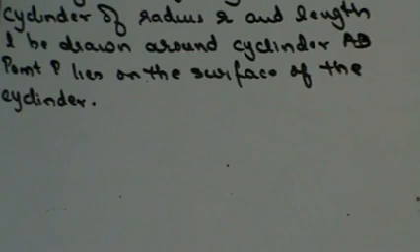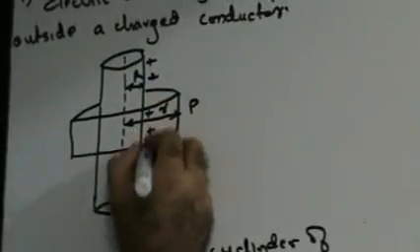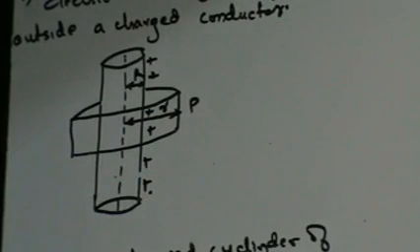Once I know that point P lies on the surface of the cylinder, since you do not have tubes of induction perpendicular to the plane faces, see, this is my charged conductor. If this is my charged conductor, the charge will move outwards. It is going to move through the curved surface of the Gaussian cylinder.